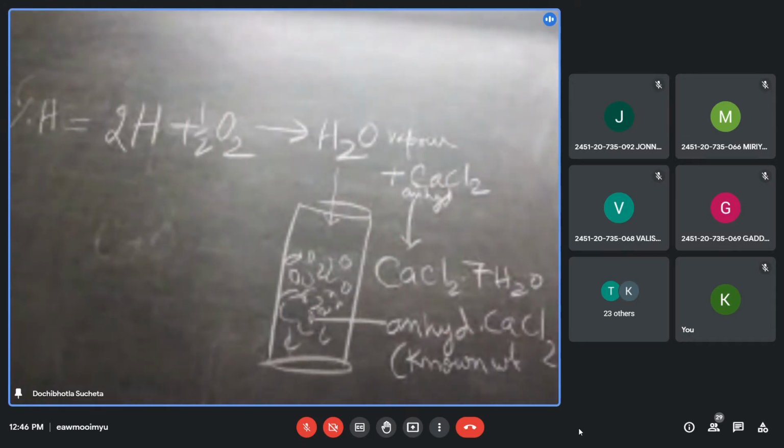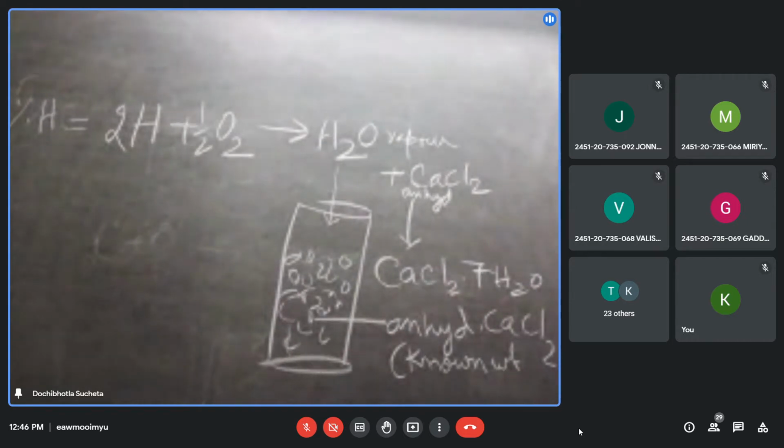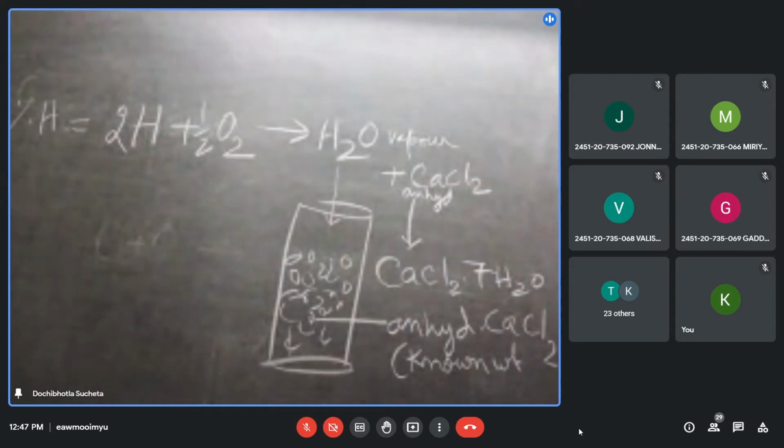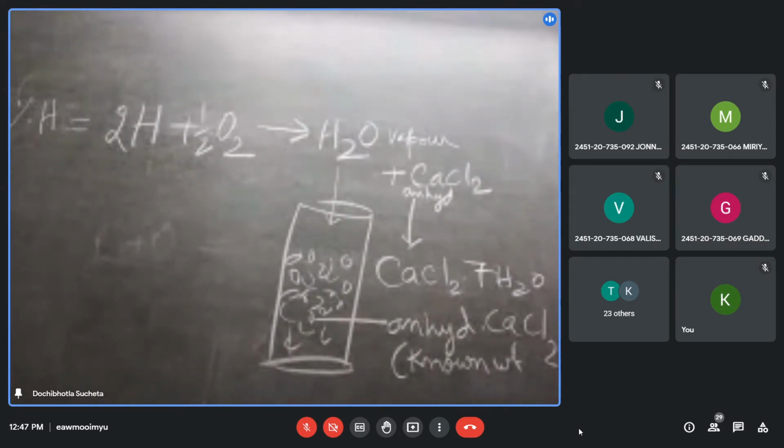Hope you have understood. So what I have done: I've taken hydrogen, weighing, getting the percentage of hydrogen. For that, on putting the coal sample in the combustion chamber, water vapor or moisture is formed, which is bubbled into a bulb of known weight of anhydrous calcium chloride. Calcium chloride forms a hydrated salt, which is calcium chloride heptahydrate.